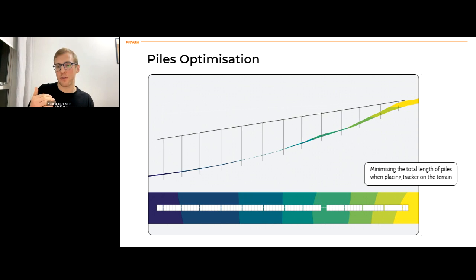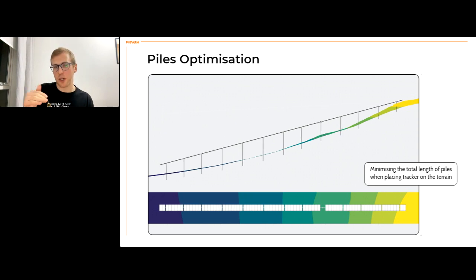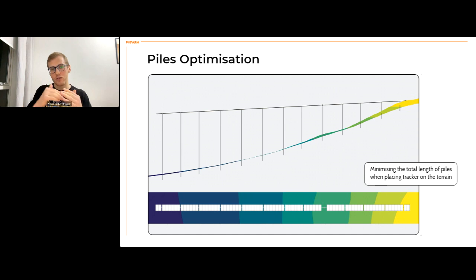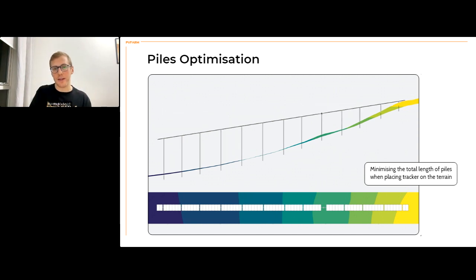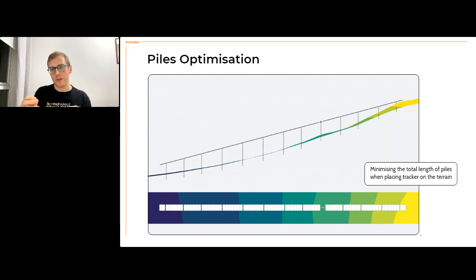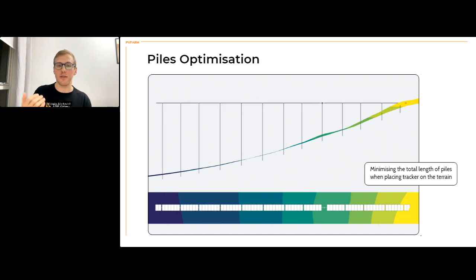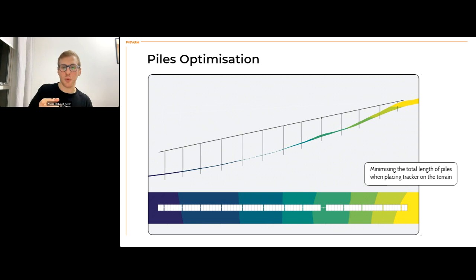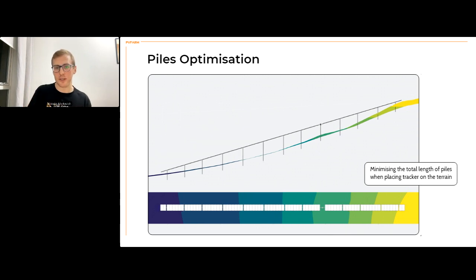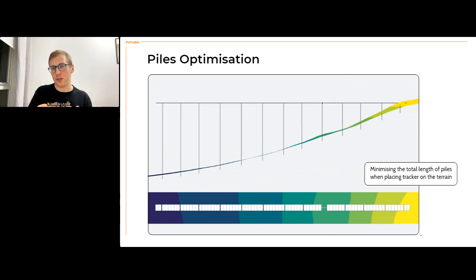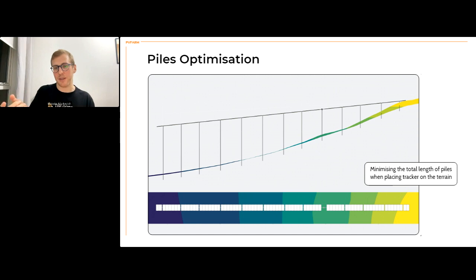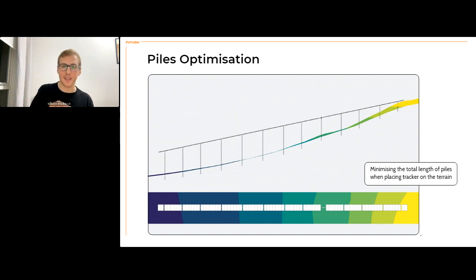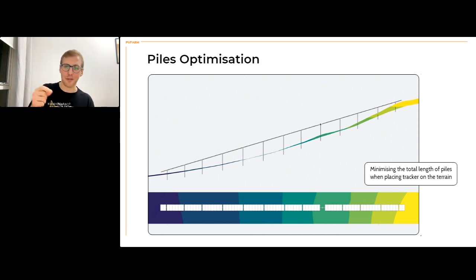And then you have tracker slope limitations. And essentially, you can place this tracker on the terrain in a way which will minimize the total length of piles if you have minimum reveal and minimum embedment requirements, as well as the maximum slope along the axis. Or maybe not necessarily the maximum slope along the axis, but the maximum slope along the bay, and then slope change bay to bay, and then cumulative slope change.